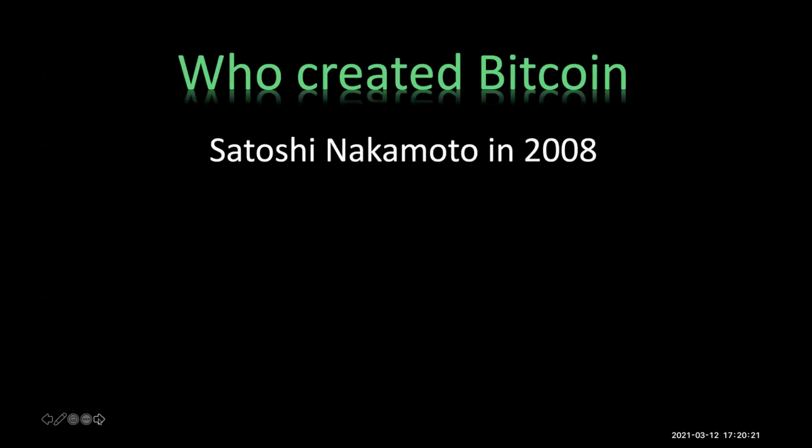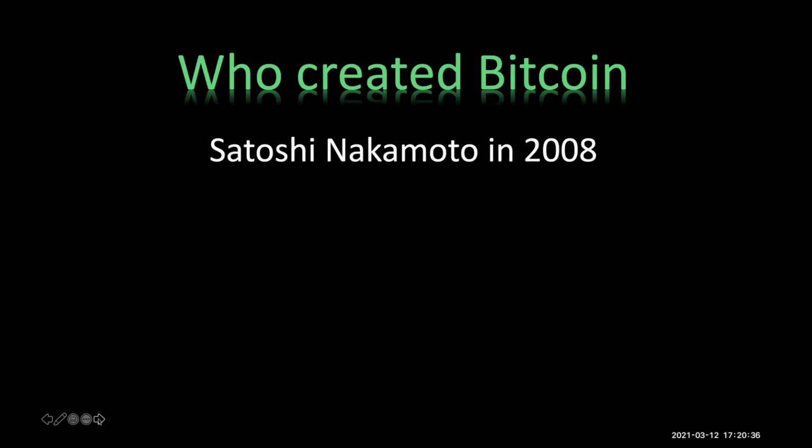Okay, so the first thing I must share with y'all is that Bitcoin was created by, we don't know if it's a person or persons, if it was a woman or a man.